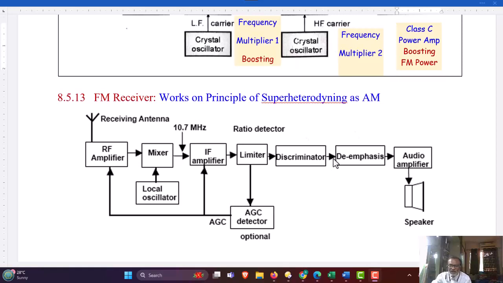So the output of the discriminator is similar or close to the modulating signal. De-emphasis is applied to the modulating signal available from the discriminator, and then it is connected to a modulating signal amplifier. In case of an audio signal, it is an audio amplifier, and then it is reproduced on the loudspeaker.